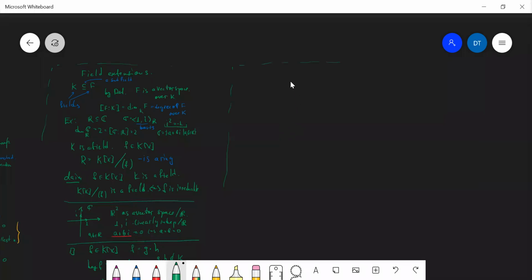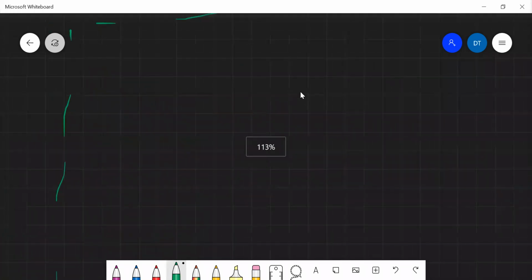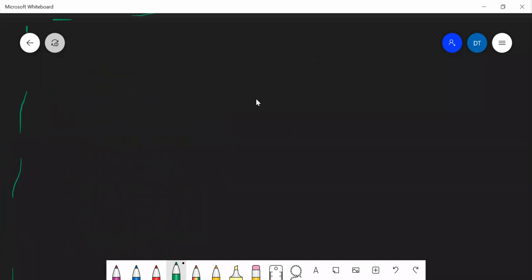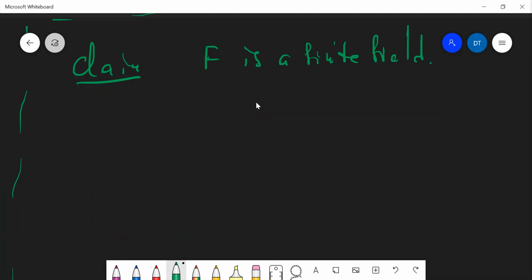Okay, so let's move on. Now, the next claim: I want to discuss the structure of F star of a finite field. Suppose F is a finite field. What I'm saying is that F star is cyclic. By F star, I mean all invertible elements, which means all non-zero elements of F with respect to multiplication.